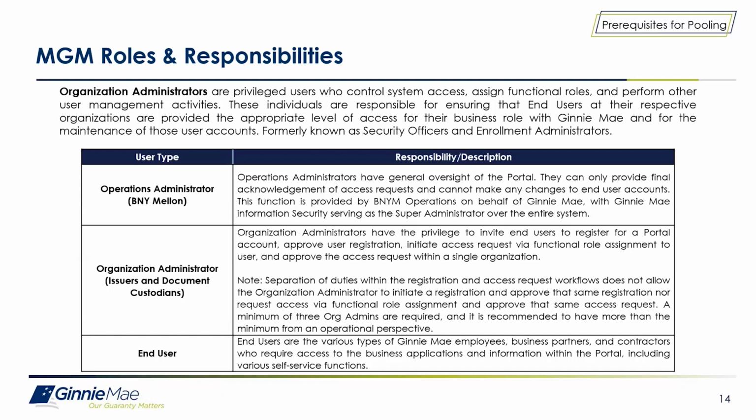There's an organization administrator or privileged users who control the system access, assign functional role, and perform other user management activities. These individuals are responsible for ensuring that end users at their respective organization are provided the appropriate level of access for their business role with Ginnie Mae and the maintenance of these user accounts.